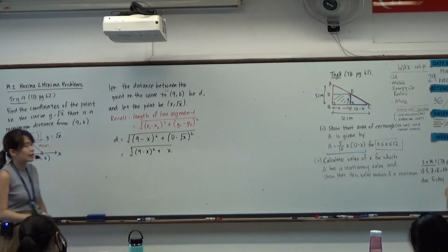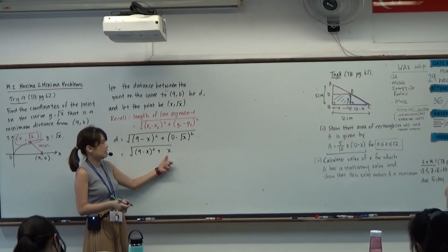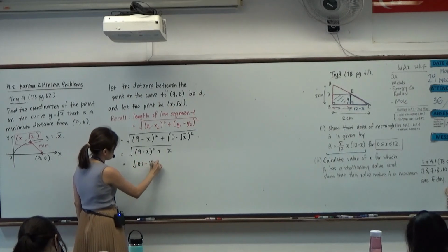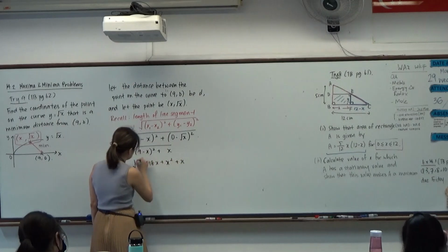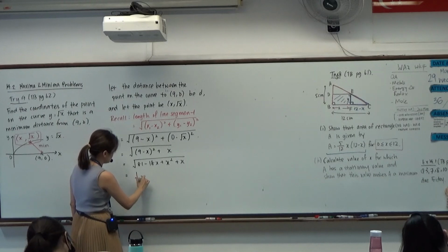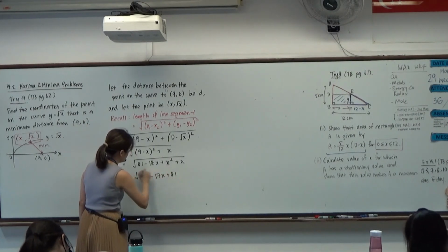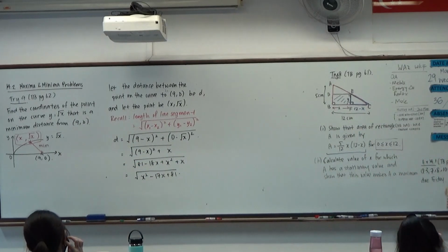We work on simplifying this expression. 0 minus square root x, squared, will give us a positive x. We expand the (9 minus x) squared. So our distance d has this expression: square root of x squared minus 17x plus 81.